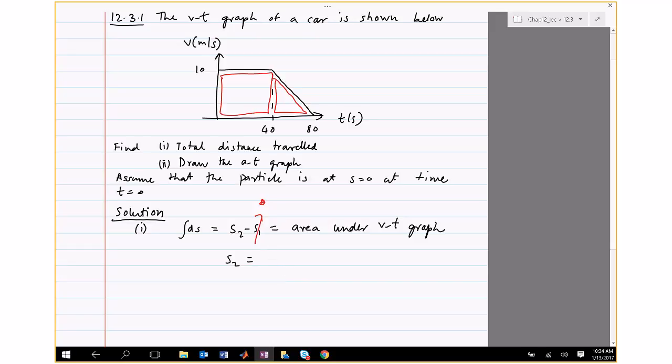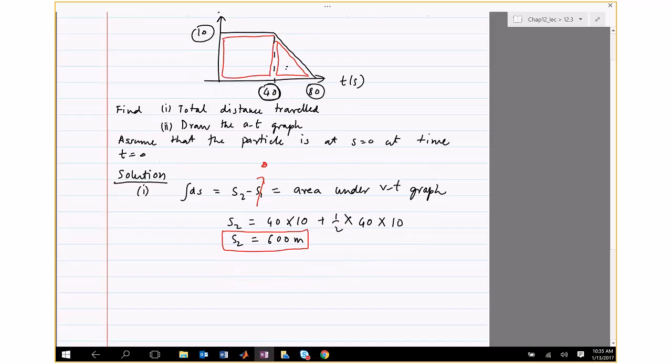The base of the rectangle has a width of 40 because time is 40, times the height of the graph, which is 10, plus the area under the triangle, that's going to be half the base, which is 80 minus 40, so 40, times the height, which is again 10. So this is 400 plus 200, so that's 600 meters. So that's the answer. Okay, so the next part.